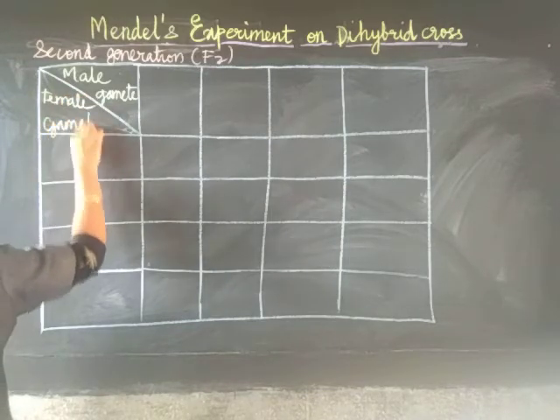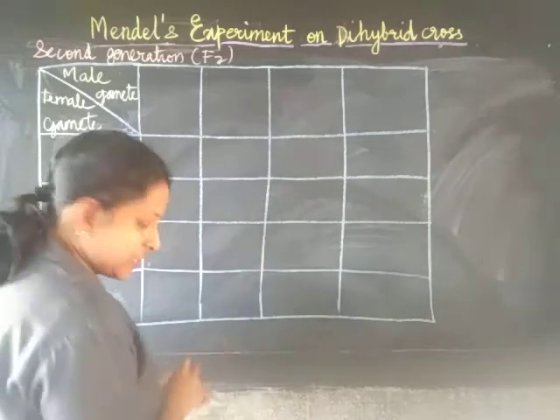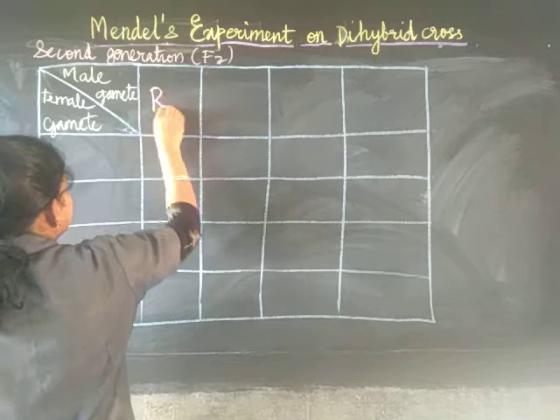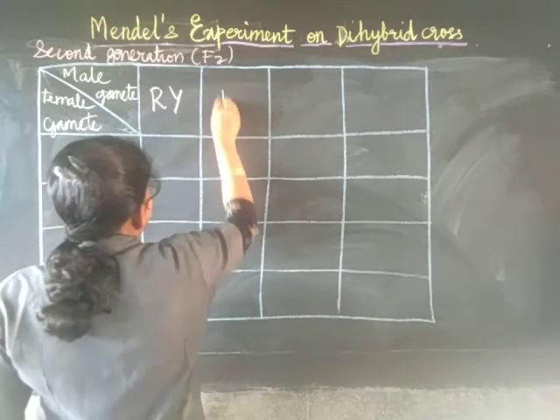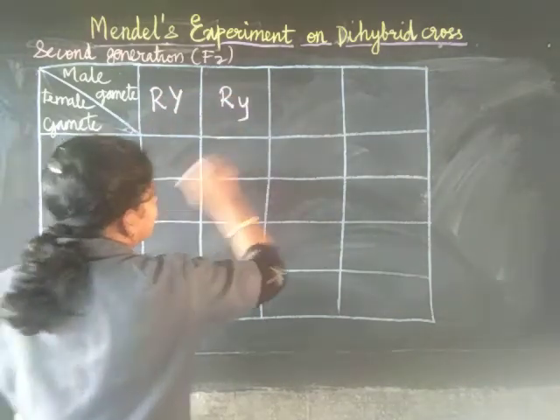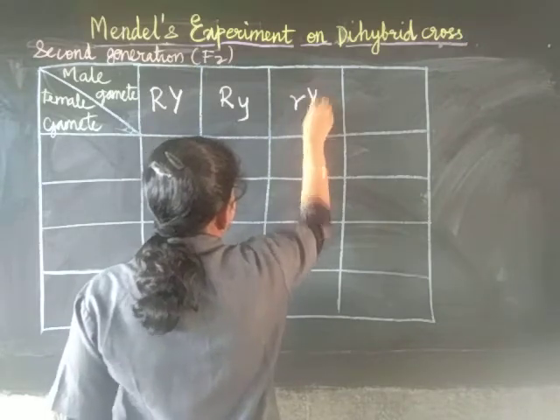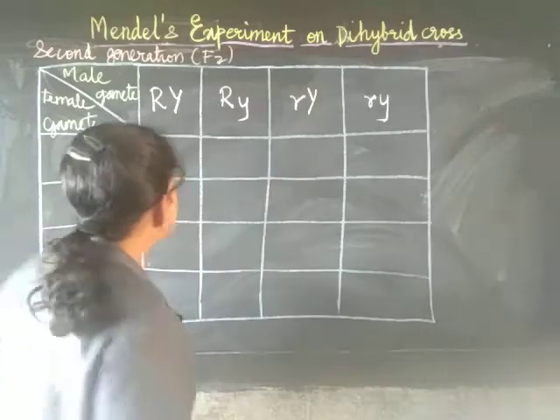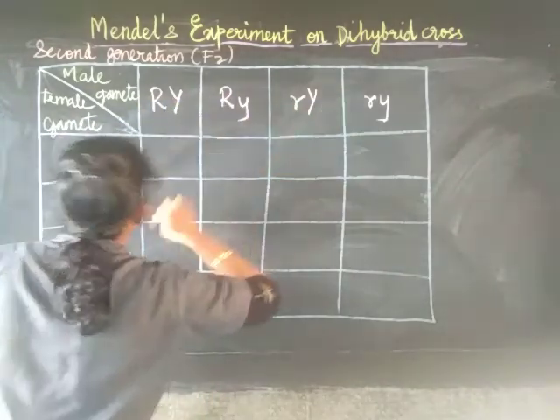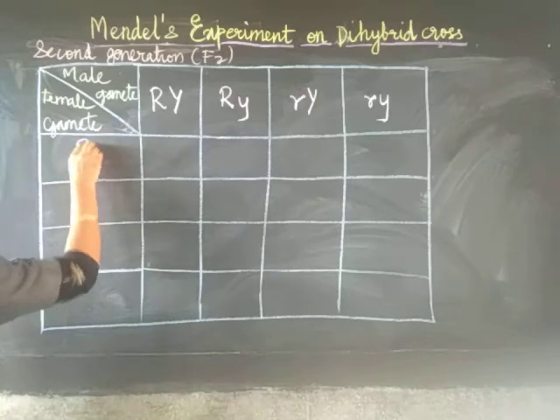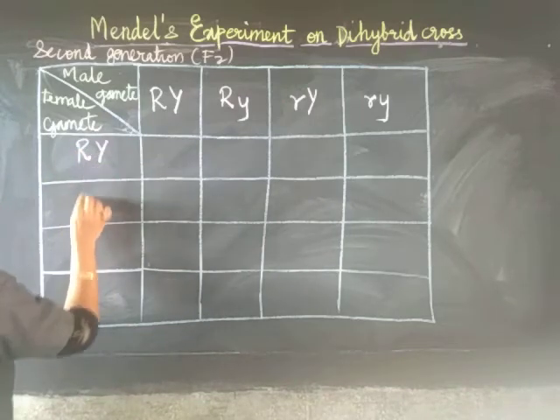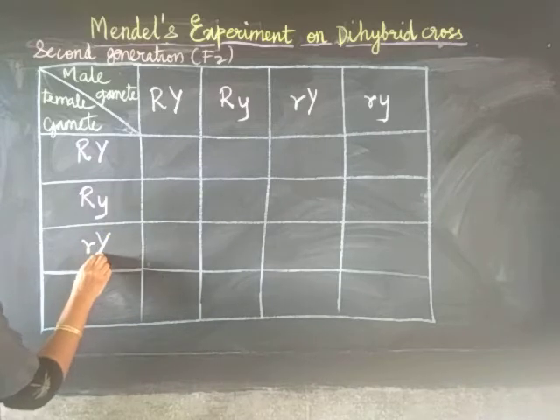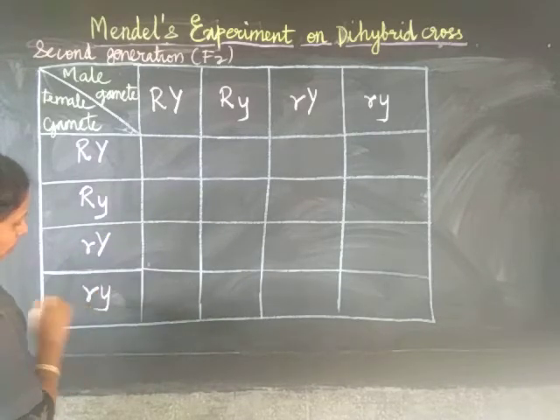You have seen the different combinations of the gametes, that is capital R, capital Y, capital R, small y, small r, capital Y, and small r, small y. Similarly, suppose these are male gametes. Female gametes also will be capital R, capital Y, capital R, small y, small r, capital Y, and small r, small y.